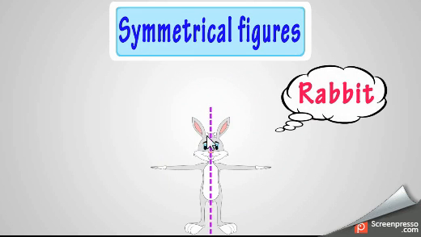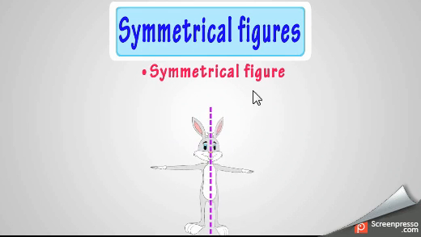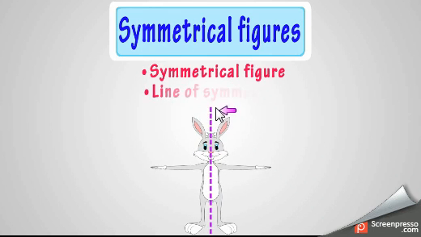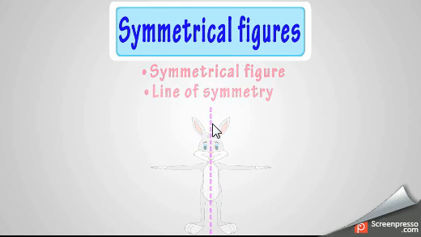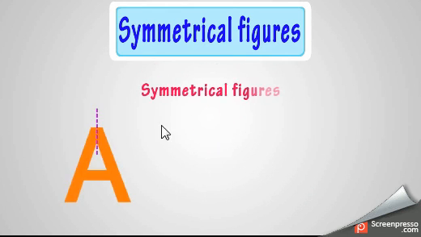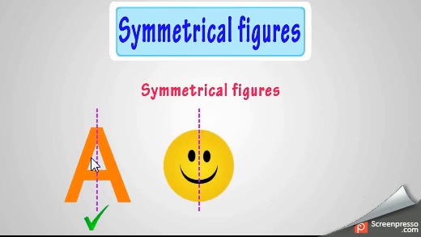When I draw the line of symmetry here, the rabbit will be a symmetrical figure, and this is the line of symmetry. Capital letter A is a symmetrical figure.